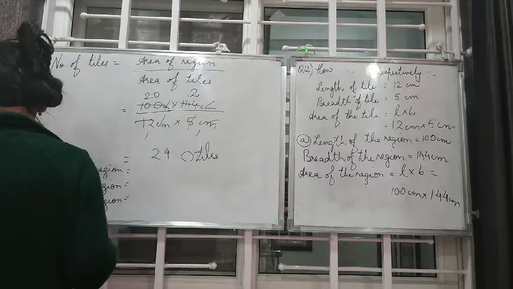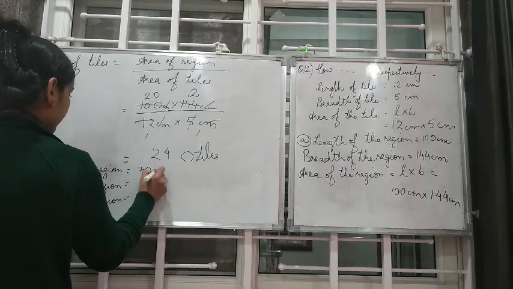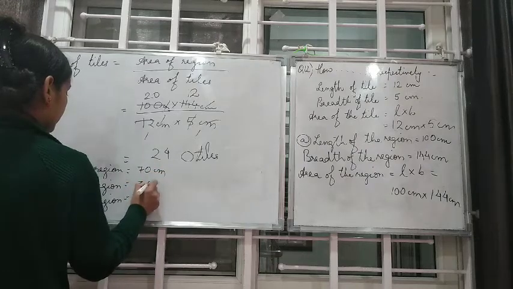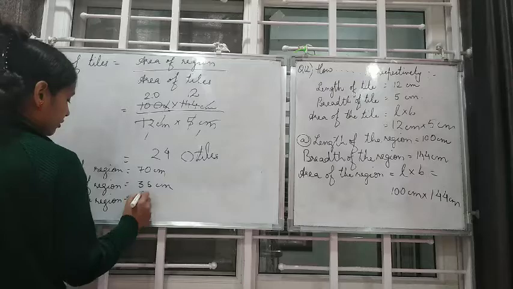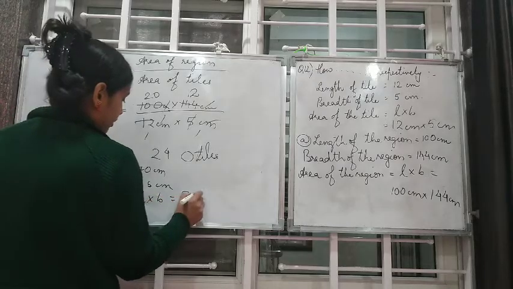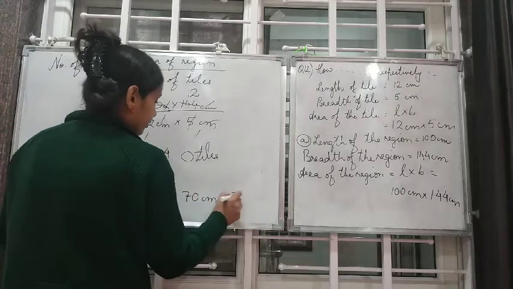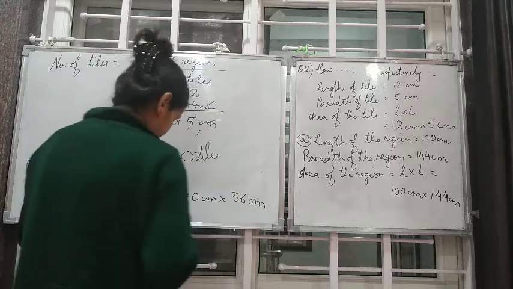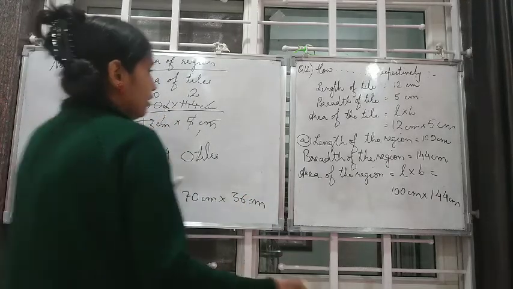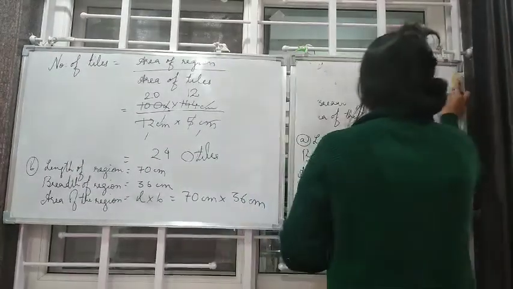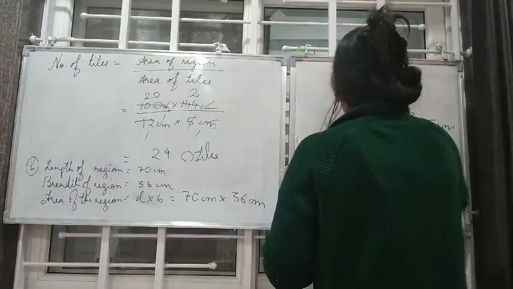So length of the region 70, breadth 36, length into breadth, that is 70 centimeter into 36 centimeter. Let's not multiply. Again, we have to find the number of tiles.